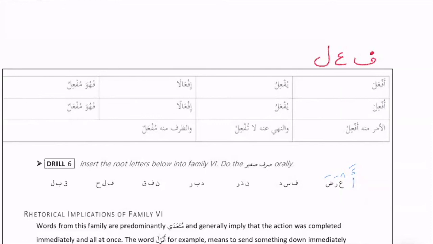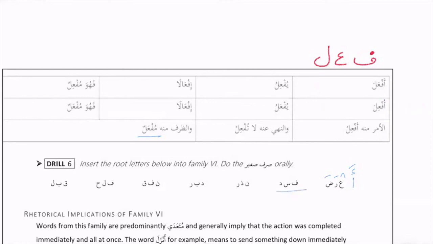Al-amru minhu a'rid wa nahi anhu la tu'rid wa zarfu minhu mu'radun. So mu'radun, the thing that is kind of ignored or like we turned away from the zikr. May Allah not make us one of them, but I'm just giving an example. So the zikr of Allah subhanahu wa ta'ala would be mu'rad. And the one who is turning away is the person who is turning away.